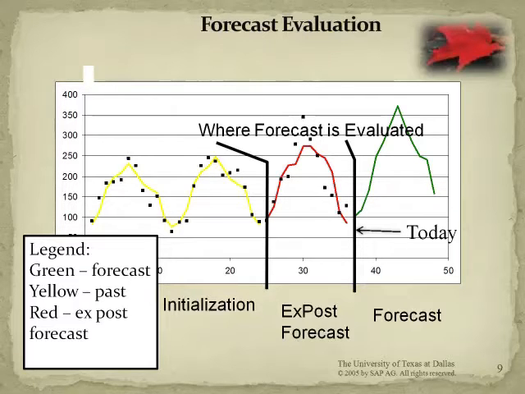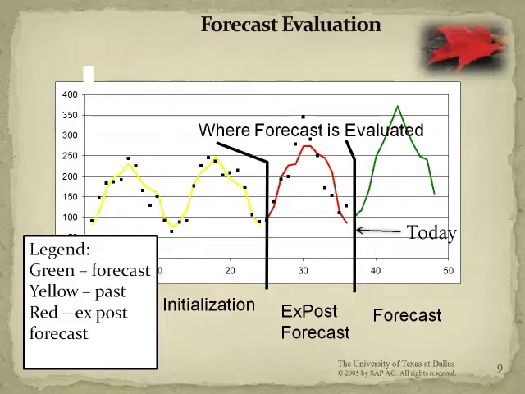So we're always forecasting into the future. That's today, and that is the future, and that's what our forecast is. Now, all the data to the left of that vertical line that says today is what has happened in the past. That is history. That's water under the bridge, as they say.